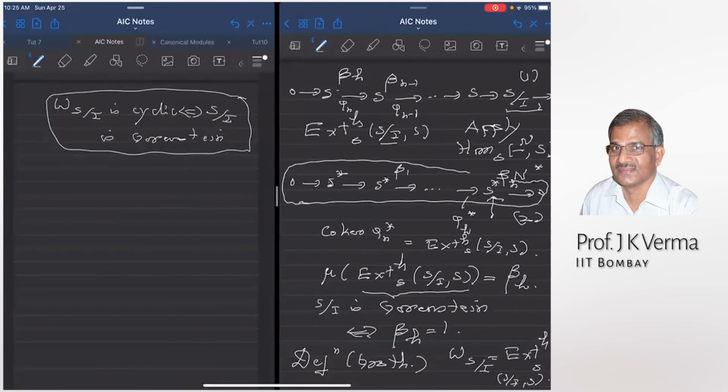First, I will talk about the original theorem of Gorenstein, and then we will take up a systematic study of the canonical module.